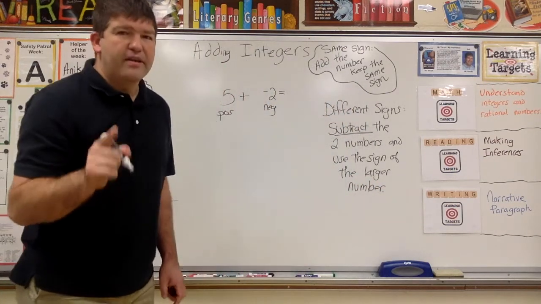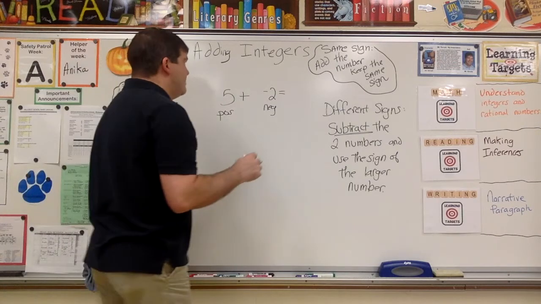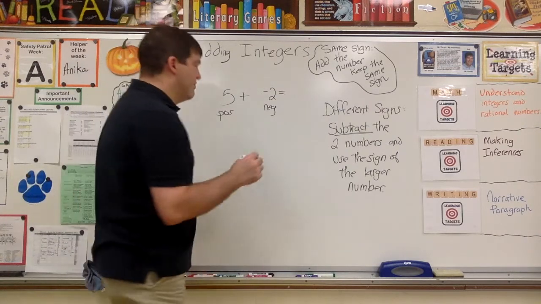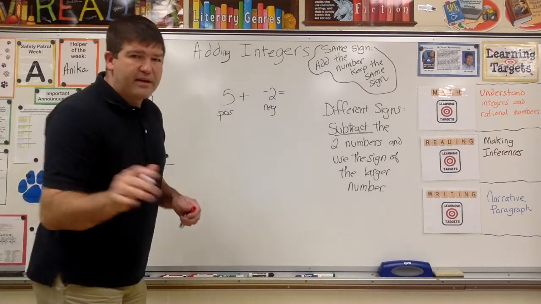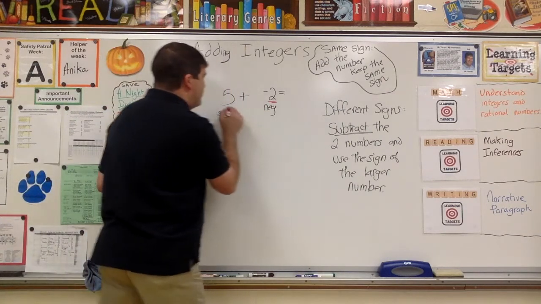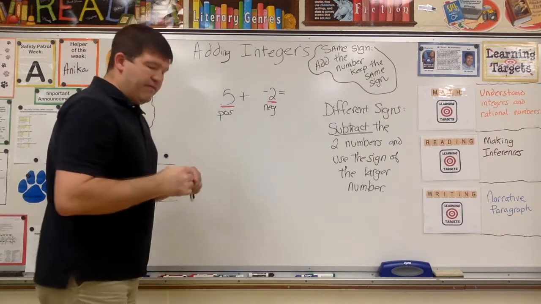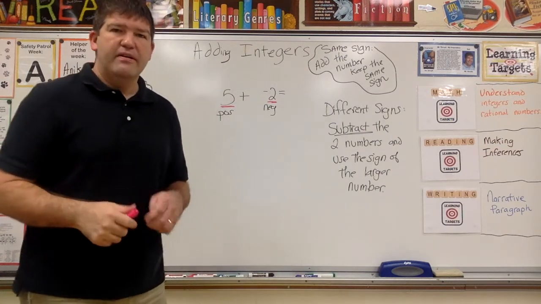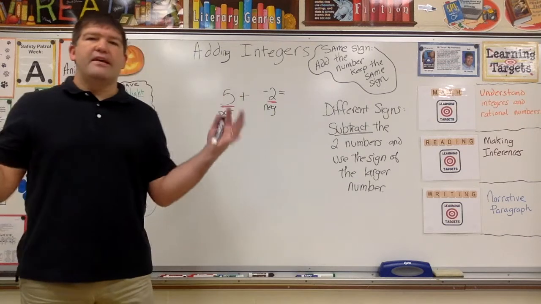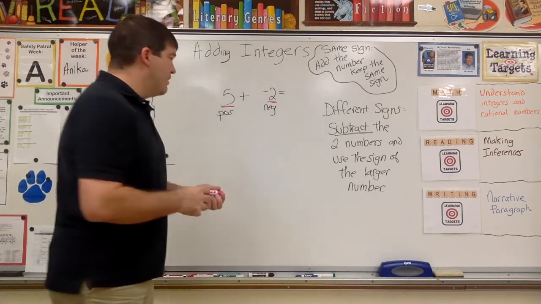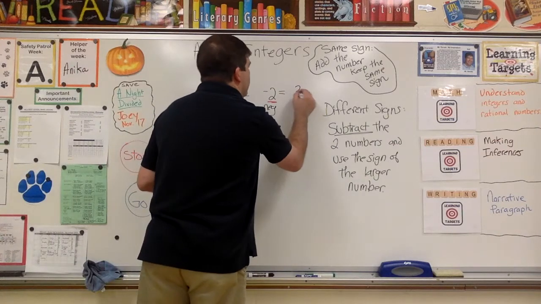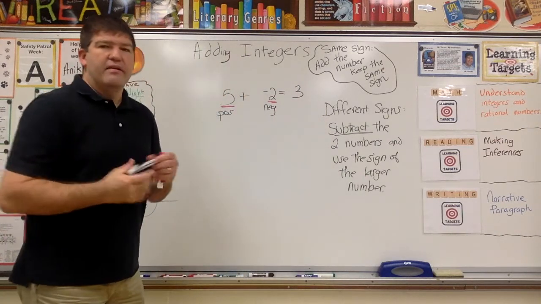Now you're just looking at the numbers here. Don't worry about my signs right now. I have a 2 and a 5. I take the 5 and subtract the 2, and it leaves me with 3.